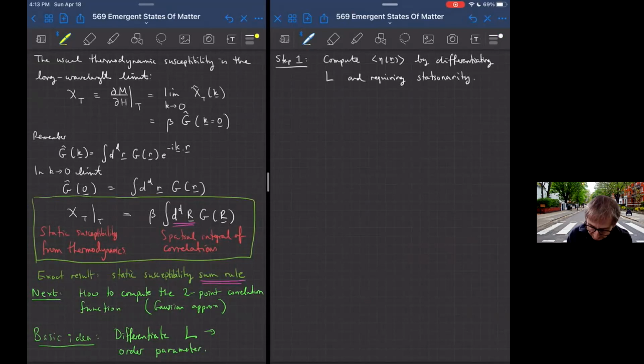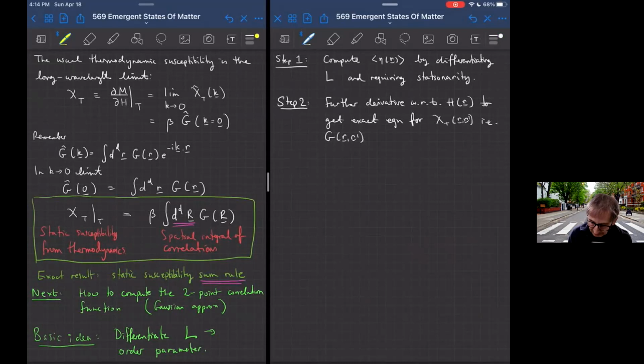And then step 2 is a further derivative with respect to a field h of r to get the equation for chi t of r and r prime, i.e. the Green's function, the correlation function, g of r and r prime, from the static susceptibility sum rule.